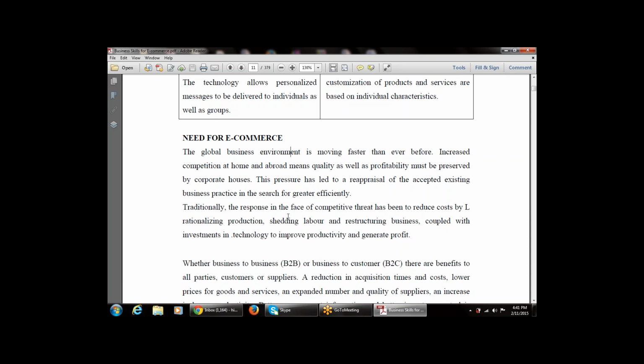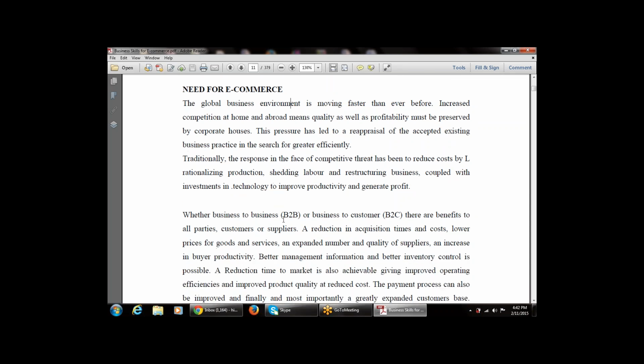That is, we can use e-commerce in an efficient way for greater profitability, getting greater profits in business. Traditionally, that is, before, the response in the face of competitive threat has been to reduce costs by rationalizing production, shedding labor, and restructuring the business.